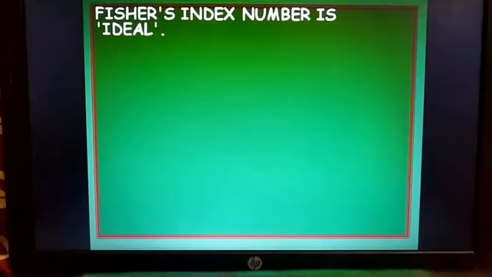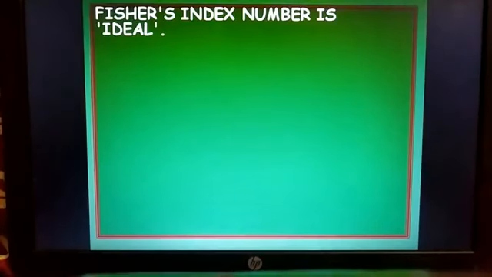Then, in one of the problems, I had mentioned in my previous video class that Fisher's ideal index number is asked to be calculated. Then I said in the next video class, or in any of the coming videos, I'll explain why Fisher's index number is being called ideal.